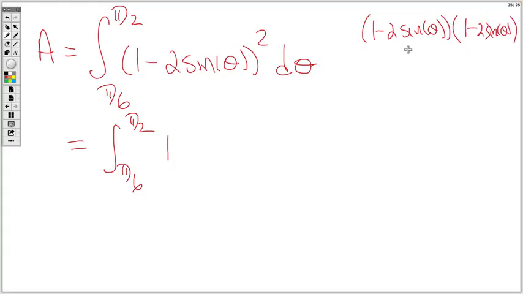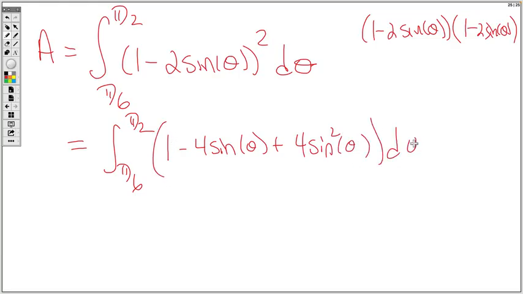You got 1 minus 2 minus 2 minus 4 sine of theta plus 4 sine squared of theta d theta. And the 1 we can integrate right away. 1 d theta is going to give me what?